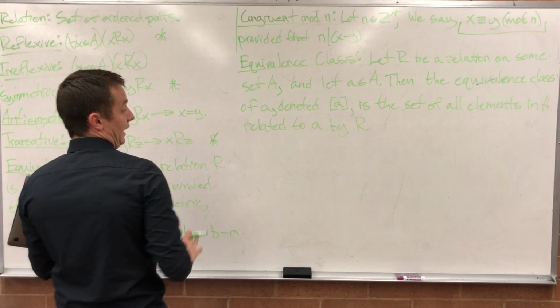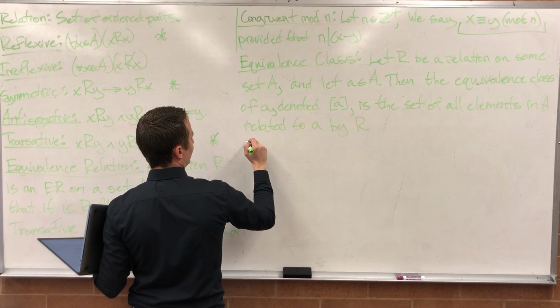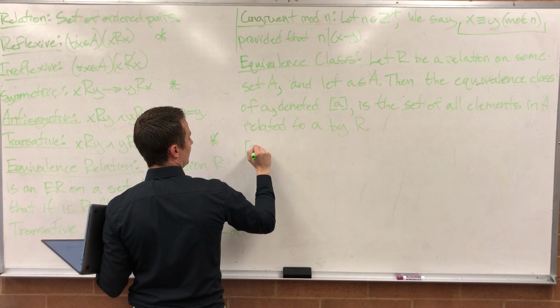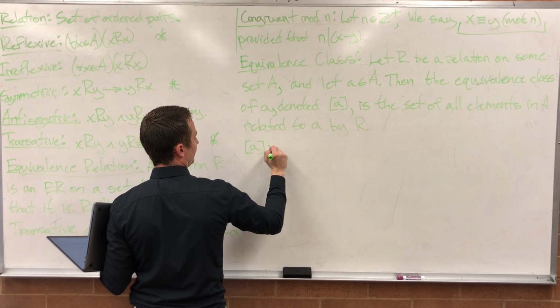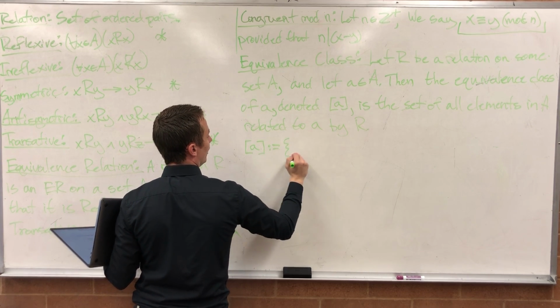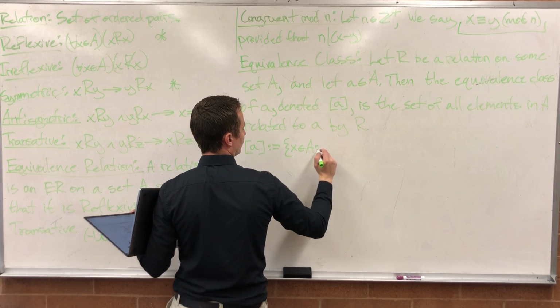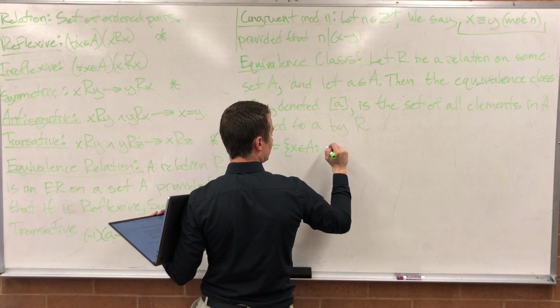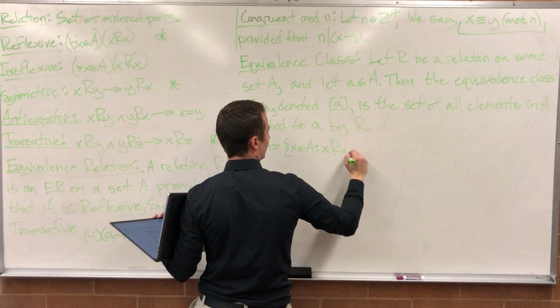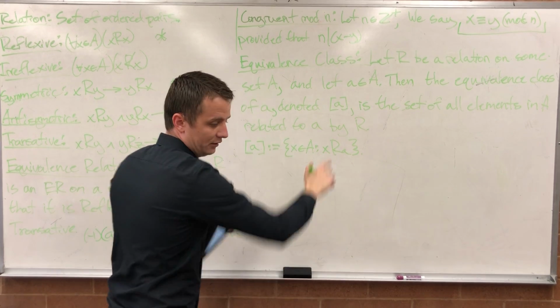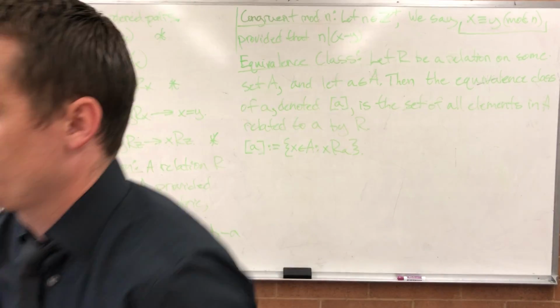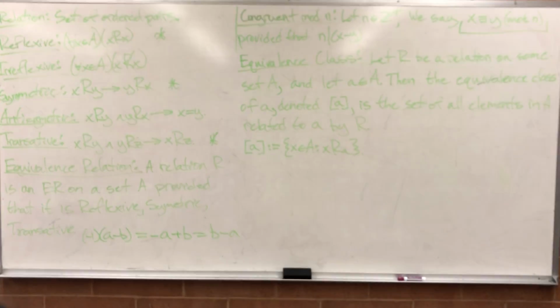Okay, that's one way to say it. Here's a more concise way to say it. The equivalence class of a is defined to be the set of all the students x in A such that x is related to a. You follow that?